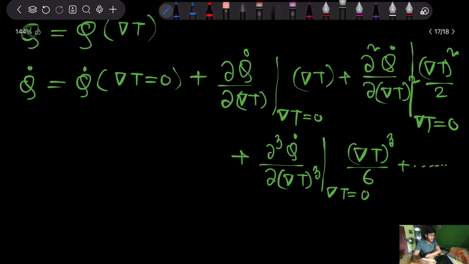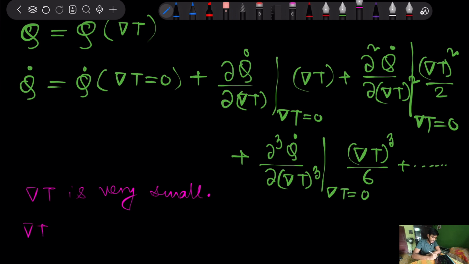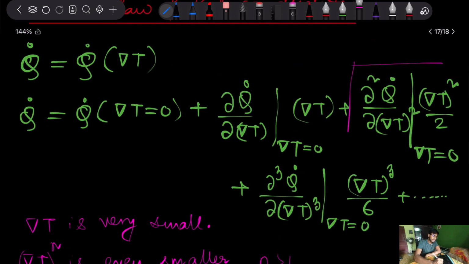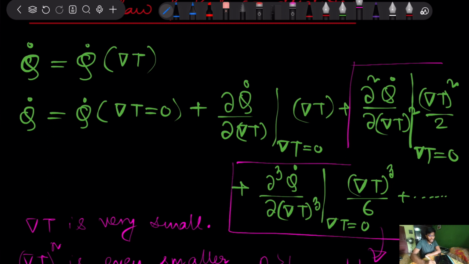Now here we take an assumption, that my grad T is very small, obviously less than 1. So grad T square, or grad T to the power n, where n is greater than 1, is even smaller. In that case I can neglect all these terms, which are called higher order terms.